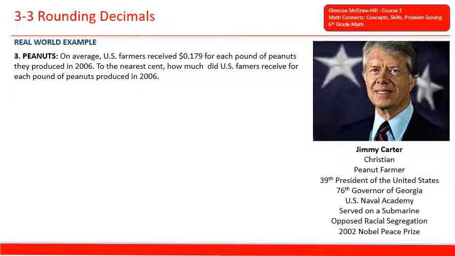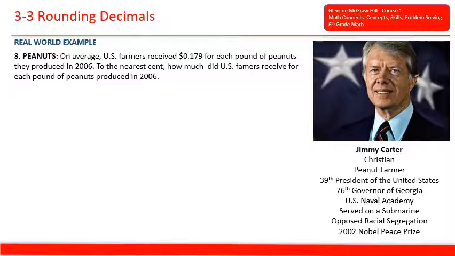On average, U.S. farmers receive 0.179 for each pound of peanuts they produce in 2006. To the nearest cent, how much did U.S. farmers receive for each pound of peanuts produced in 2006?